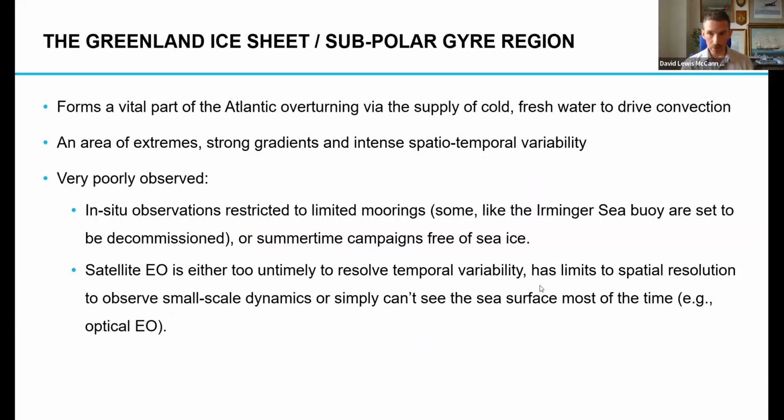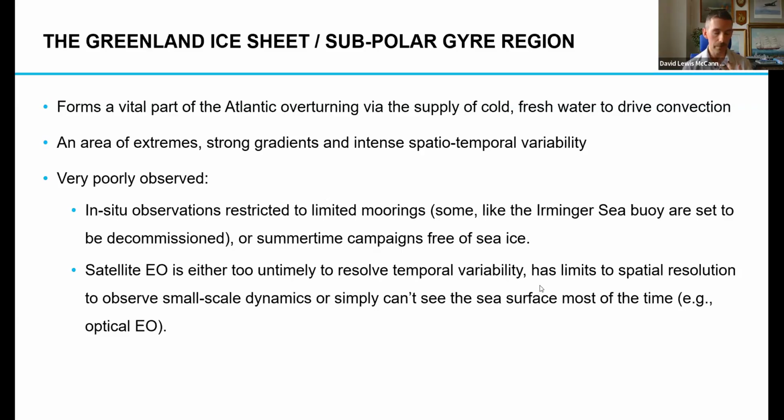So to recap on the background for this, these systems form a vital part of the Atlantic overturning via the supply of cold, fresh water to drive deep water formation and convection in the Labrador Sea. It's an area of extreme strong gradients and intense spatiotemporal variability, but it's also really poorly observed.